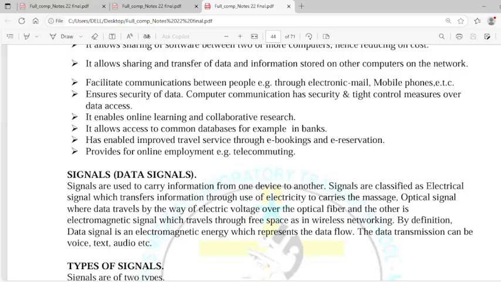Without that, it will not be easy to access such databases, to get such information. For example, right now you can log in and find out some information related to your NIN.